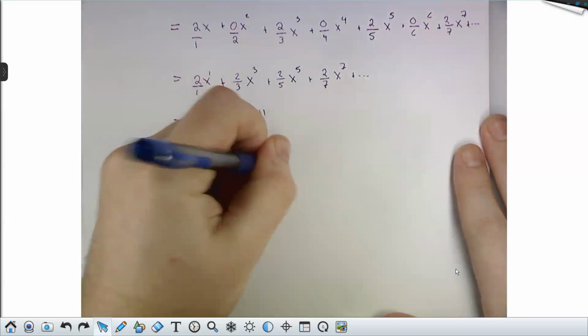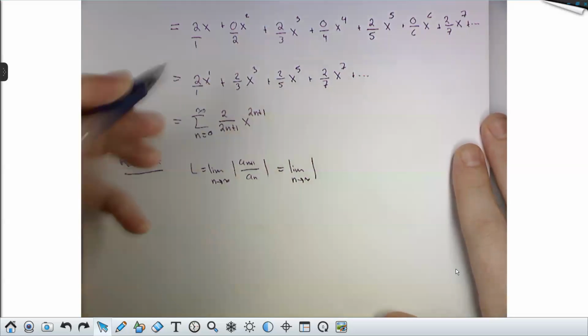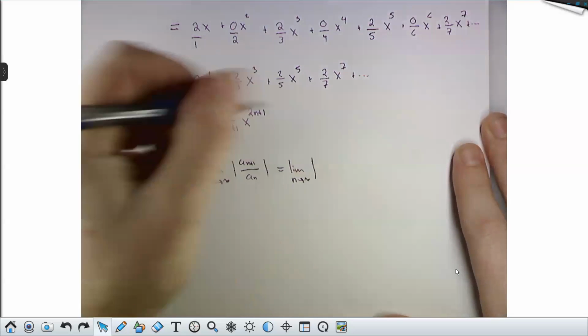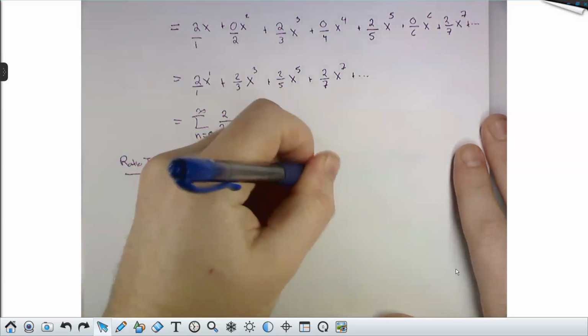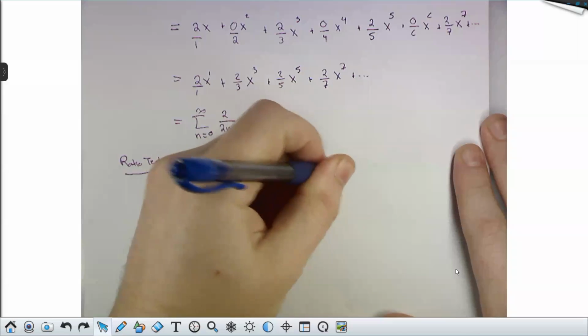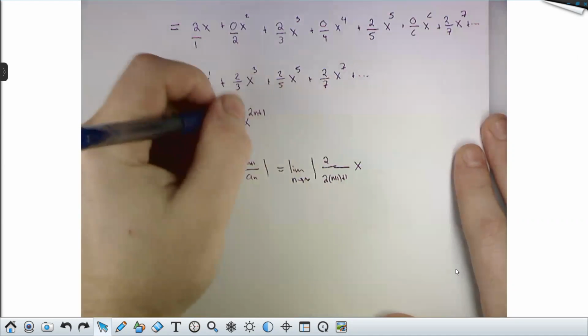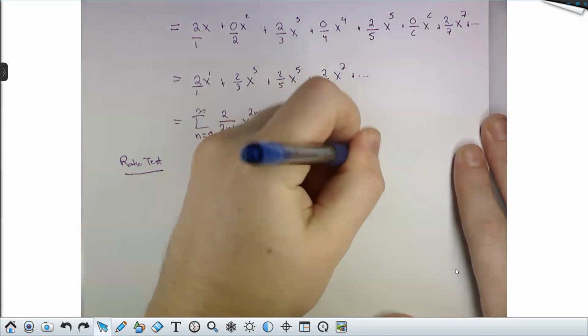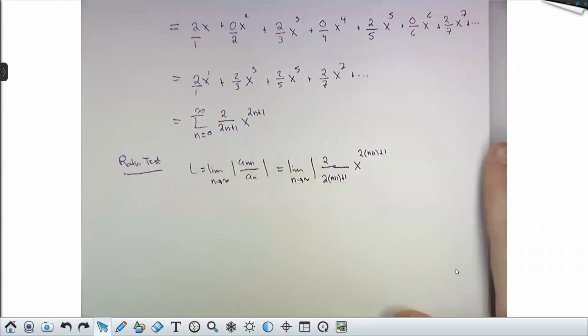So here that's going to be the limit as n goes to infinity, absolute value, a sub n plus 1 is 2 over 2 times n plus 1 times x to the 2n plus 1. There's an n plus 1.